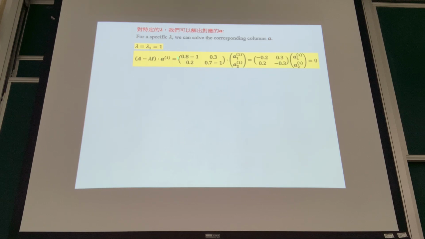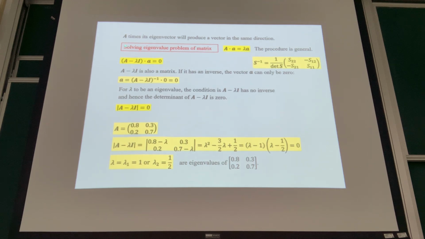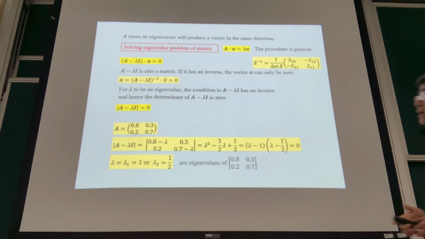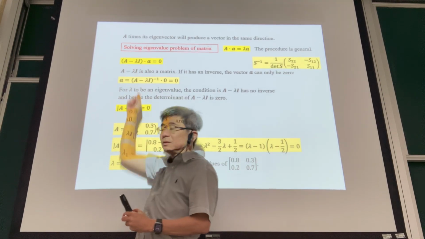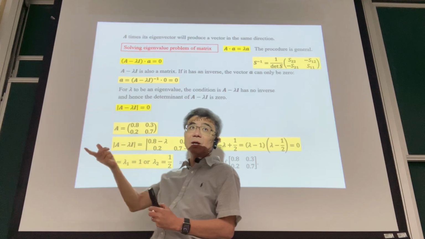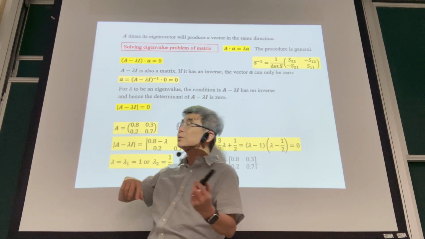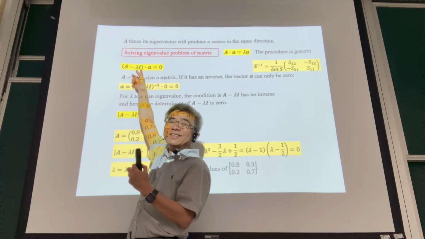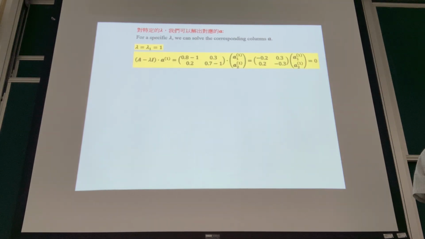Don't forget that's the original equation, in the first page also. What we have here is that this equation has solution only for lambda taking certain values, lambda 1 and lambda 2. So now we have lambda 1 and lambda 2. What we need to do is to plug into this original equation and then try to solve A1 and A2.